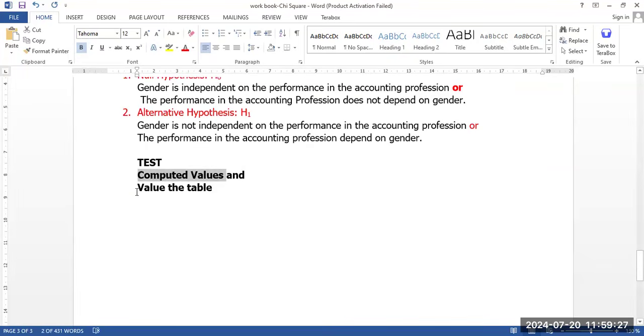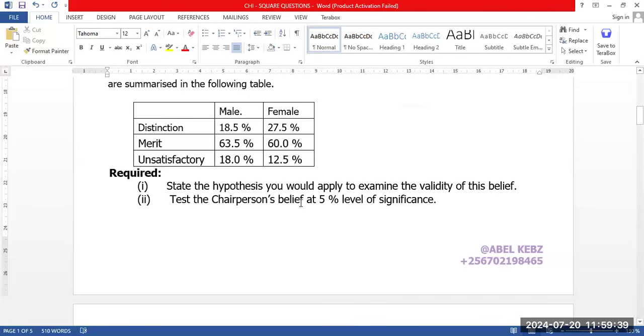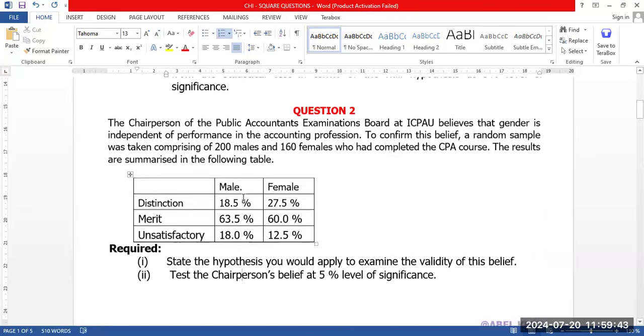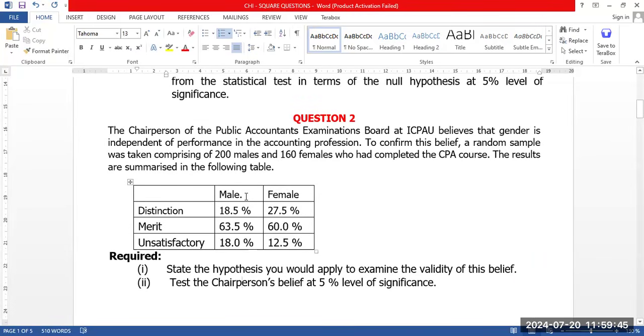Those are the two values you need to confirm whether the null hypothesis is true or false. You can either start with the value from the table or with the computed value. Order does not matter. What matters is to answer correctly. Because we test the chairperson's belief at 5%, we need to know our observed data and our expected value.